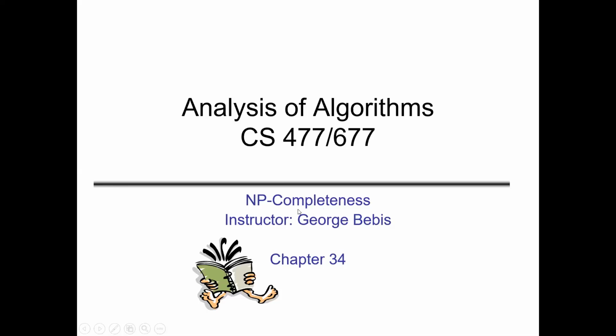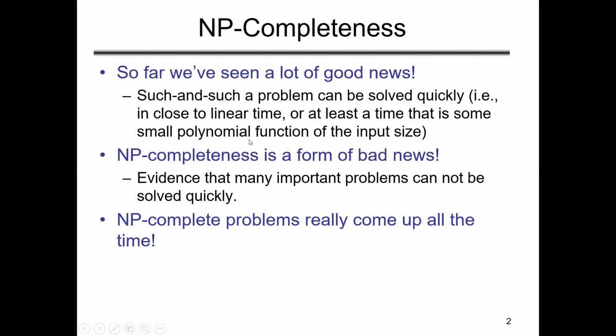But NP complete. Right? So far, we've seen a lot of good news. Right? Such and such a problem can be solved quickly in close to linear time, or at least a time that is some small polynomial function of the input size, like n squared, n cubed, log n, and so on. NP completeness is a form of bad news. It is evidence that many important problems cannot be solved quickly.